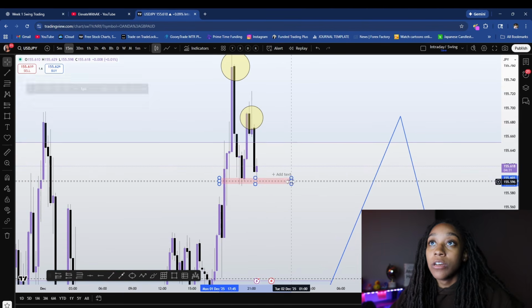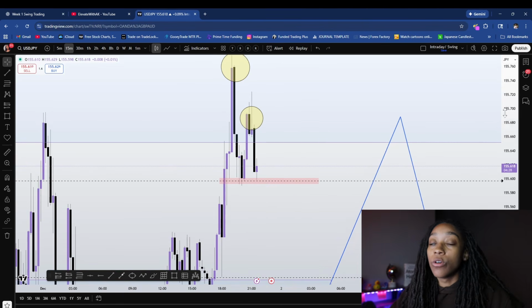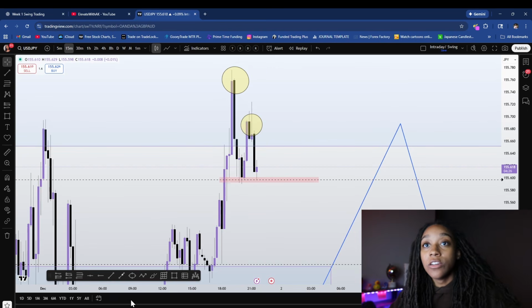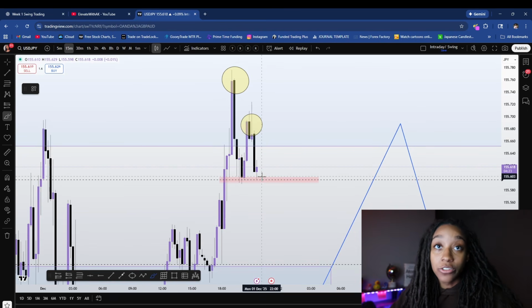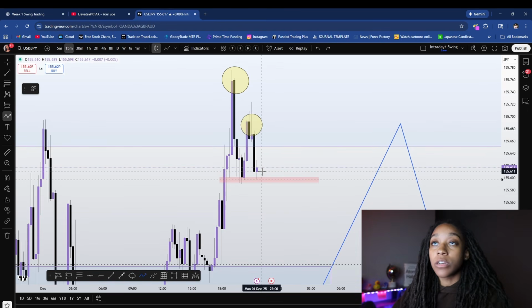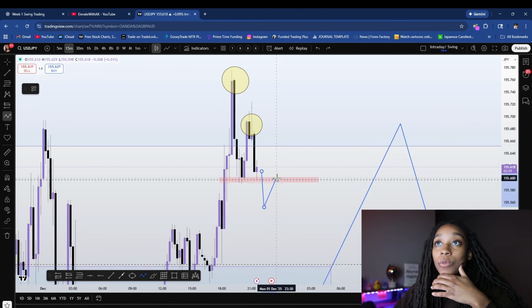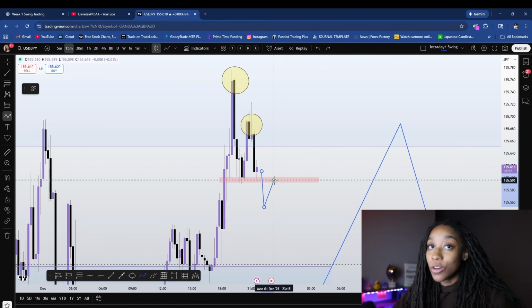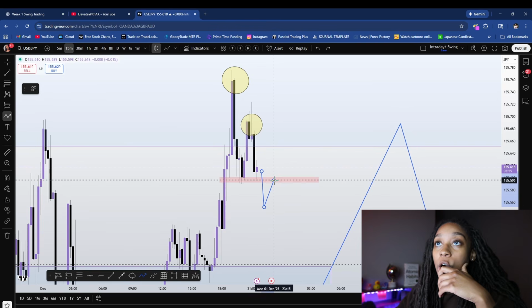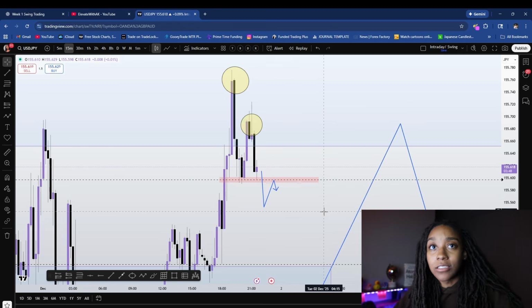I'm looking for price to break structure, or for those who trade ICC, you're looking for that indication. A break of structure is the indication, right? So we're looking for price to break structure, or indication, and then we are looking for the retest or the correction, right? And this is where you wait for that entry to come back out here that we discussed in the last video.